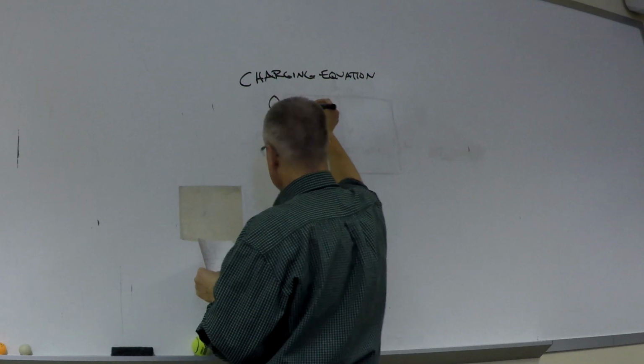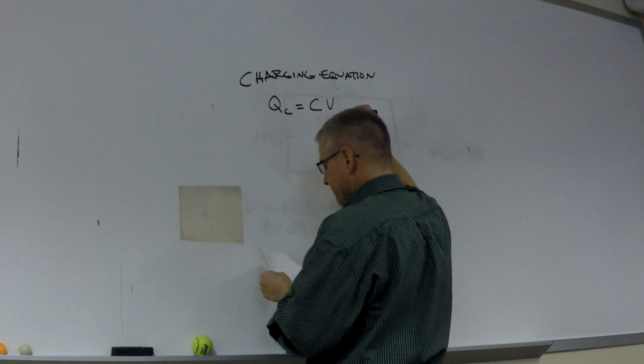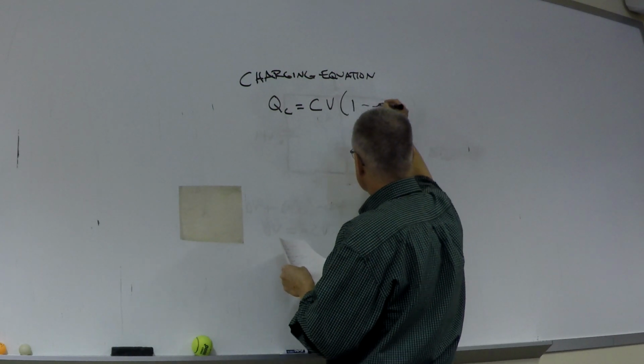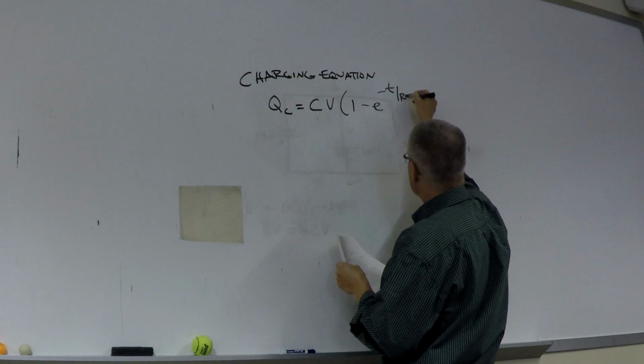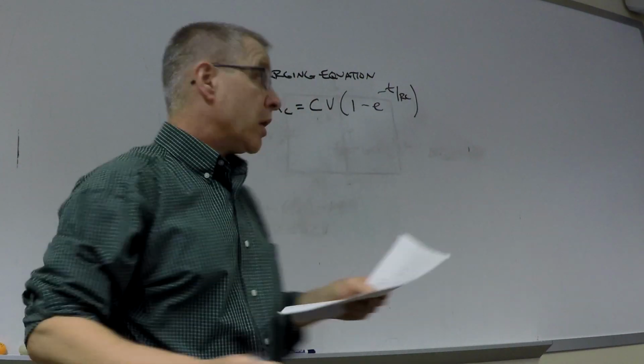So that charge across the capacitor is equal to this. What happens to our voltage?